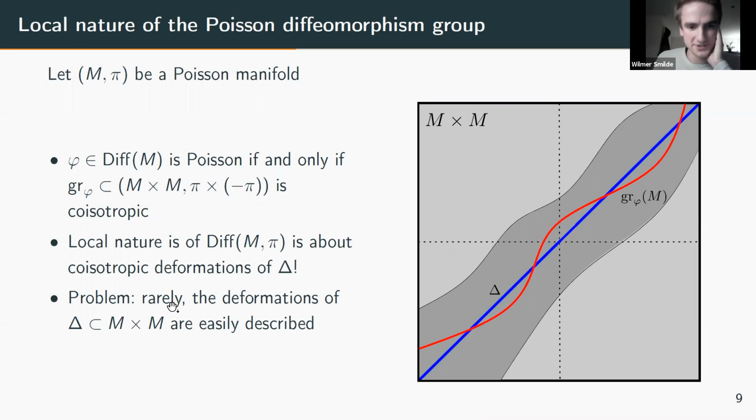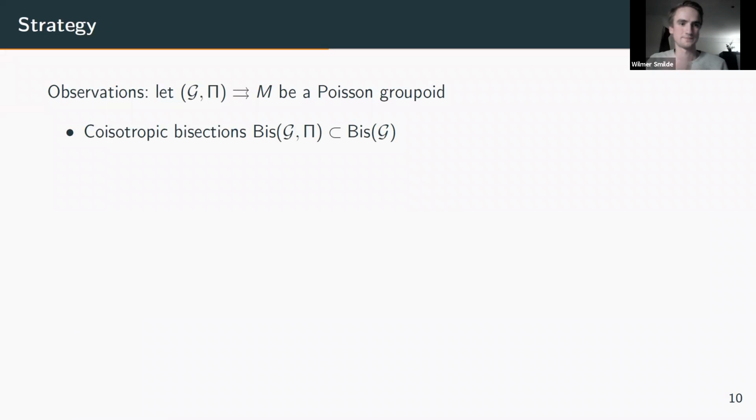However, these coisotropic deformations are rarely easily described. Only in a few cases can we say something about that. So we need to come up with a different strategy, which is the following. Let's start not by looking at the product, but more generally at a Poisson groupoid.